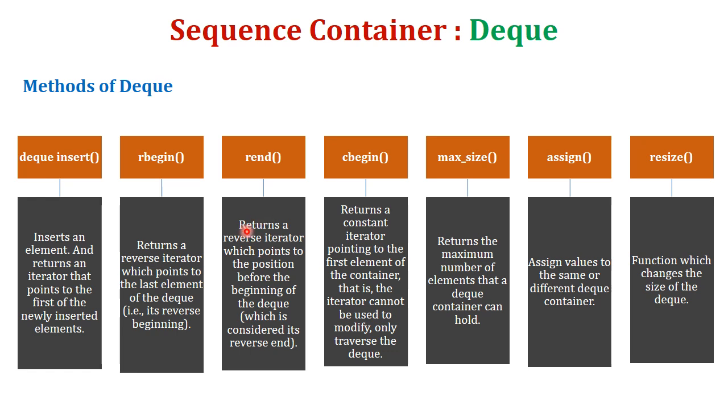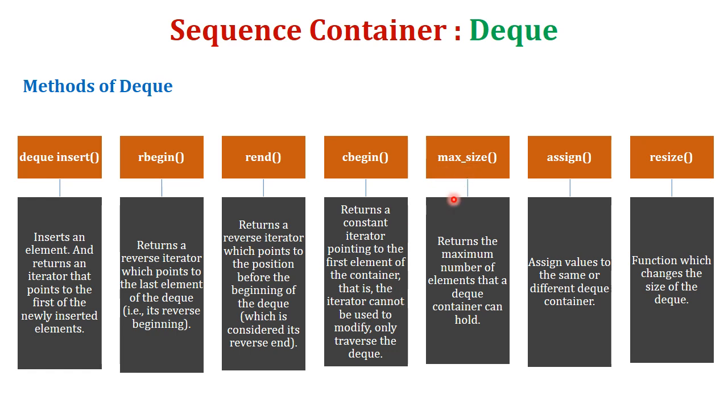It will return the reverse iterator which points to the position before the beginning of the deque. Next one is cbegin, that is, constant begin. It will return the constant iterator which points to the first element of the container. That is, the iterator cannot be used to modify, only to traverse the deque.